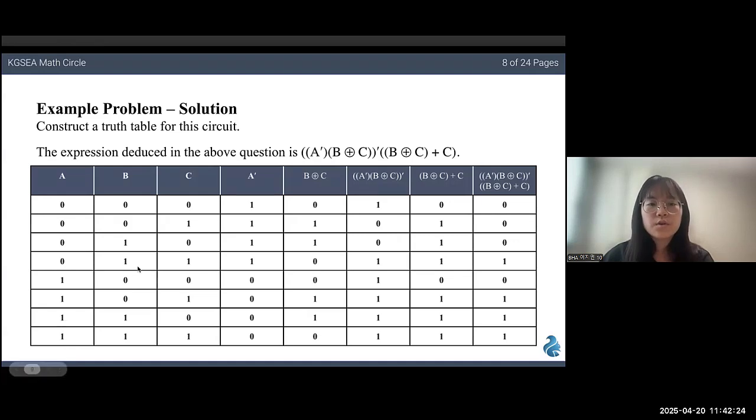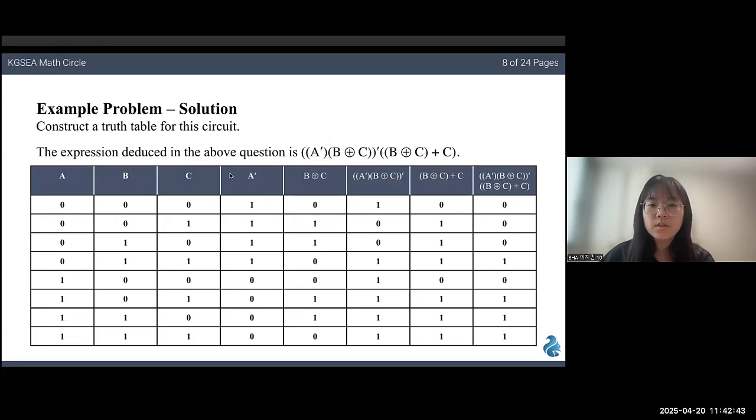To construct a truth table, we can use the expression deduced in the above question, which is shown here on the slide. Extending the truth table with A, B, and C, we can construct truth table values for expressions that are part of the entire Boolean expression.